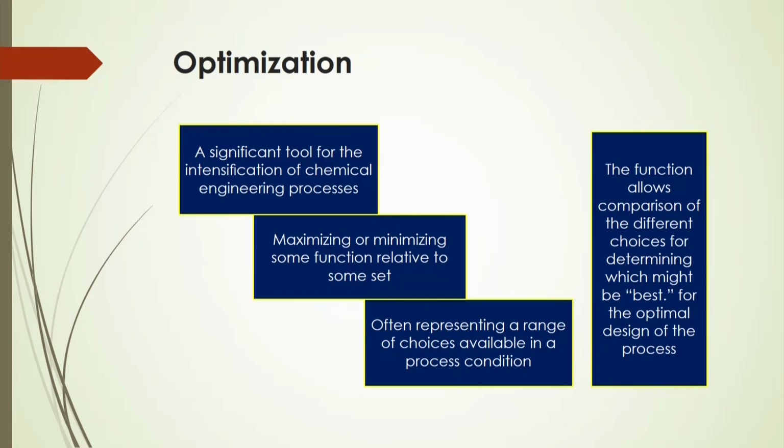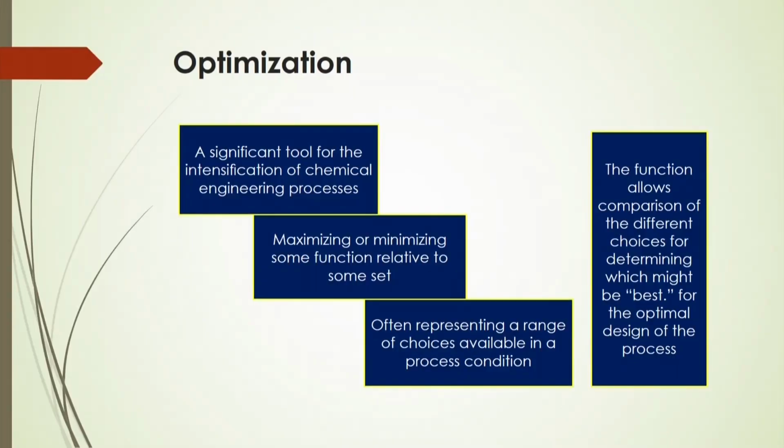Based on this optimization tool, your objective is to maximize or minimize some function that will be related to some set of process conditions. And this optimization will often represent a range of choices available in a process condition.